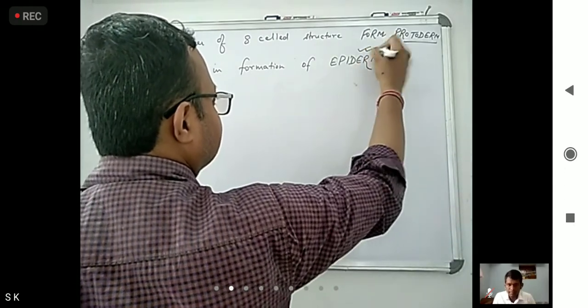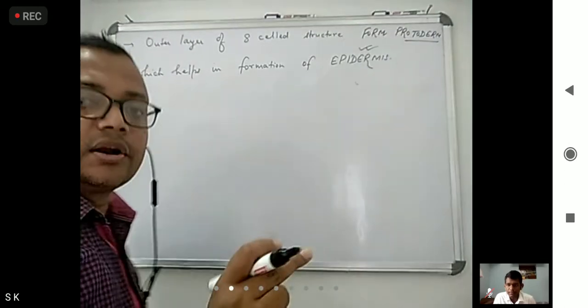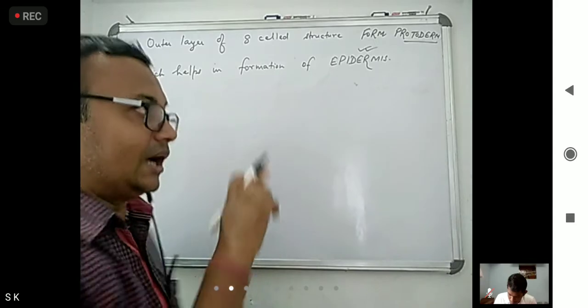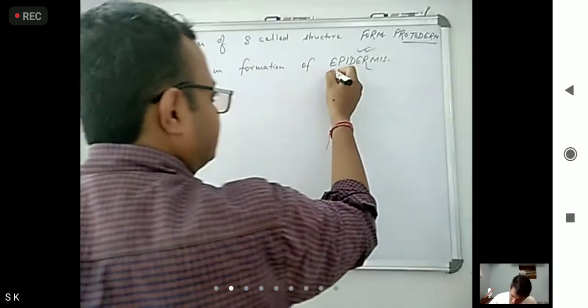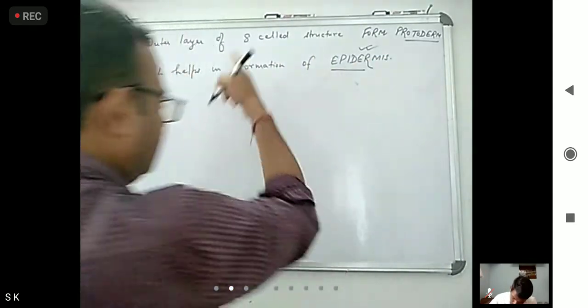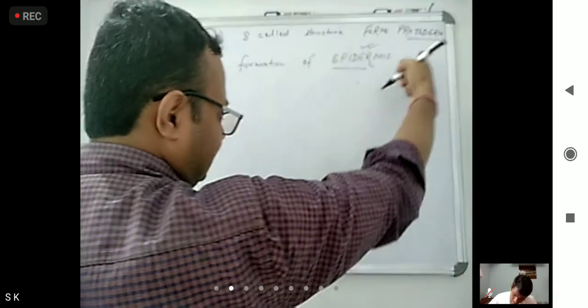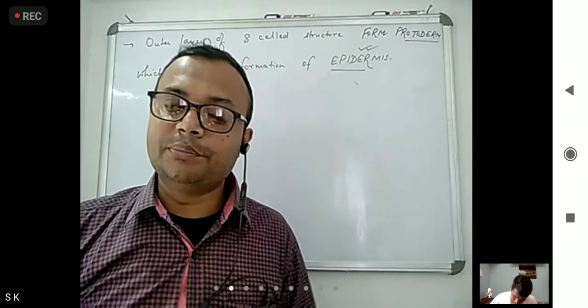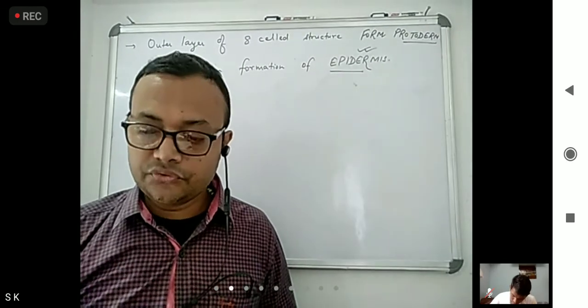So this you have to remember, that outer layer of embryonal cell, that was 8 celled, inner layer also was 8, but I am discussing about what? Outer layer of 8 celled structure that forms what? Protoderm, and they are helping in epidermis formation.